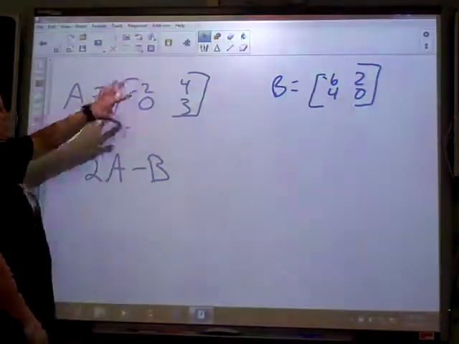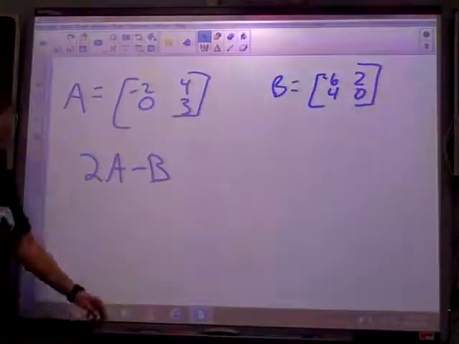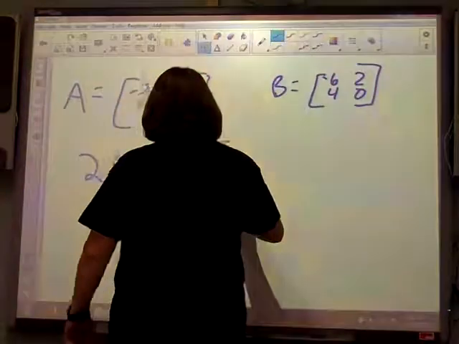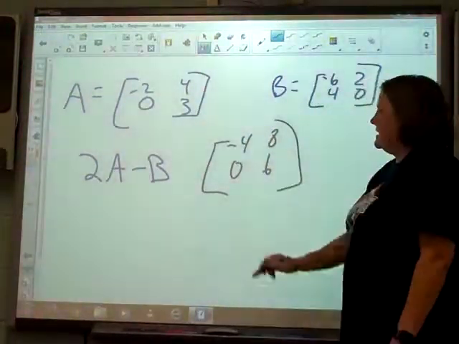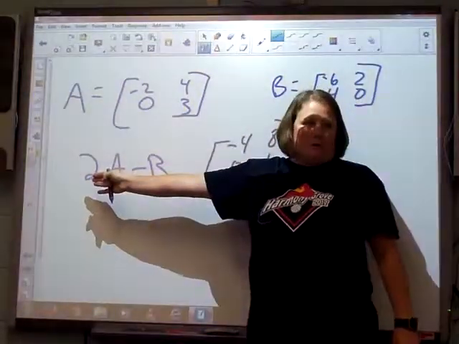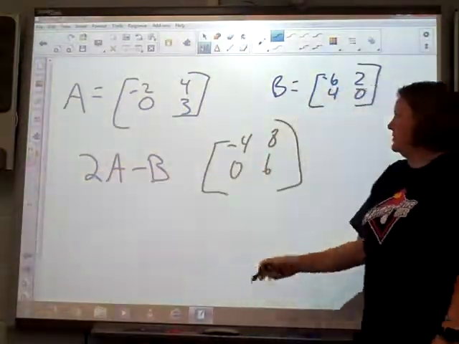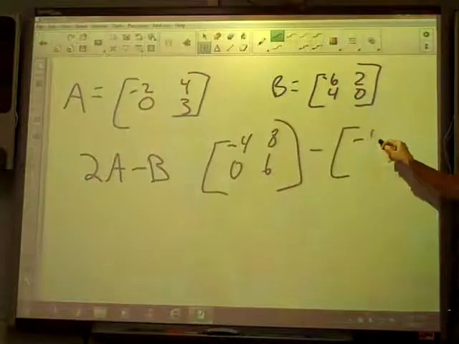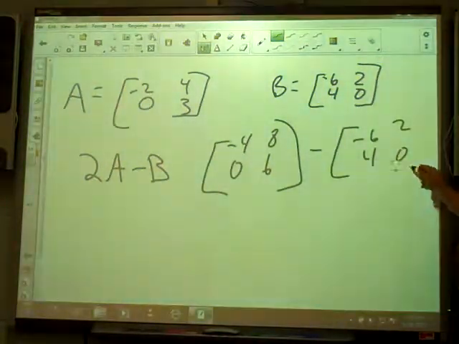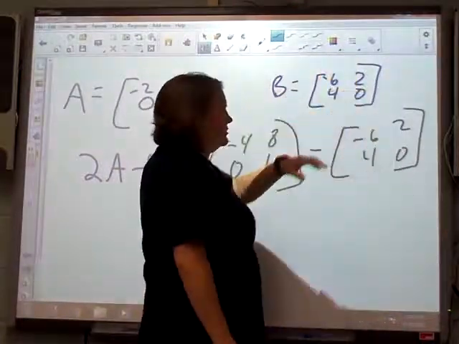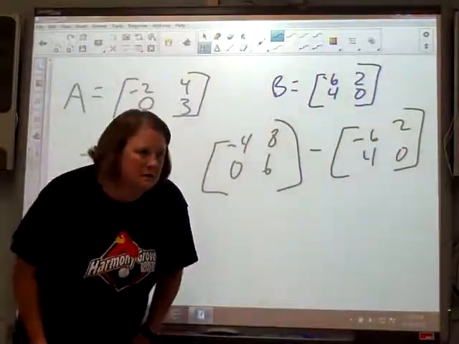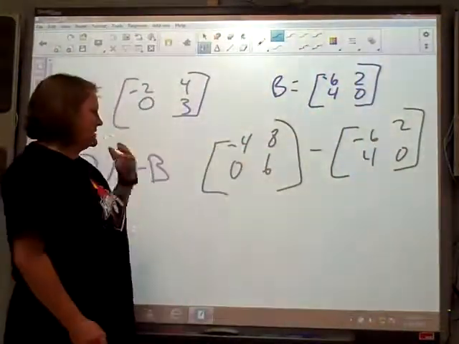So I'm going to take 2 and I'm going to scalar multiply here. So that would be negative 4, 0, 8, 6. Now, have I satisfied that part? Yeah, so now all I do need to do is subtract the B. Very good. So you could type 2 times that minus that in your calculator. Yeah, that should get us the same answer, Mason.